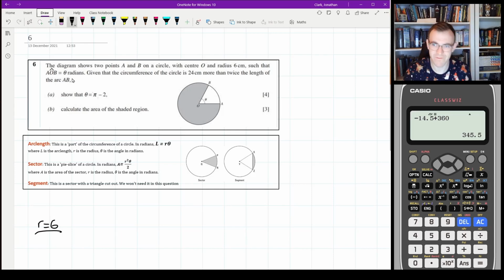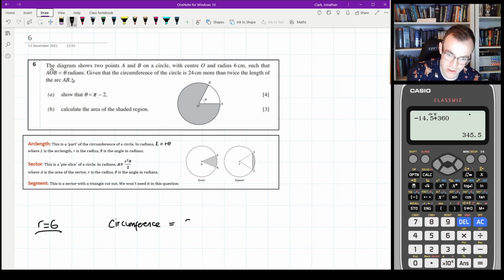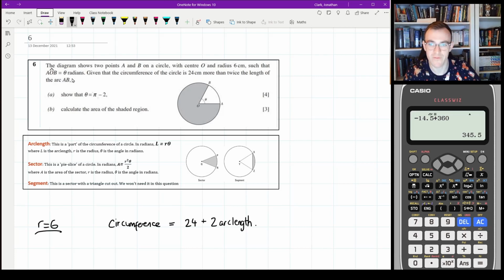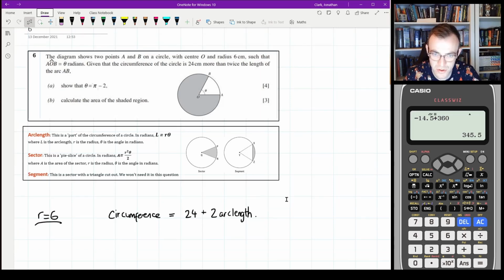Okay, let's formulate that as well. So the circumference of the circle is 24 centimeters more than twice the arc length. So it's 24 and 2 lots of the arc length together. That's what the circumference is equal to. It's 24 and the 2 arc lengths there.